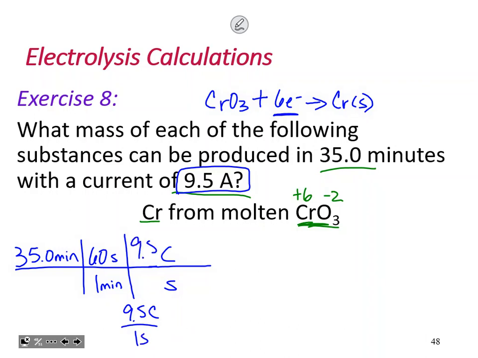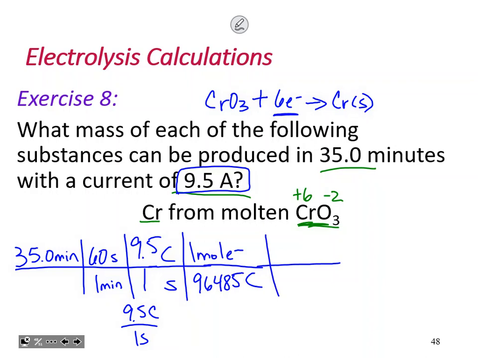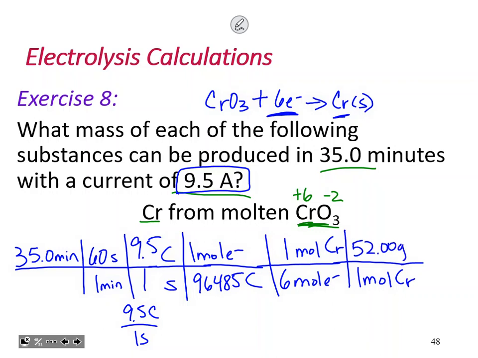So that's what we put here, like so. Then we can do Faraday's constant, 96,485 coulombs equals 1 mole of electrons. And then we have our 6 moles of electrons. That's going to our 1 mole of our chromium solid. And then 1 mole of the chromium solid is going to be 52.0 grams of chromium off the periodic table.